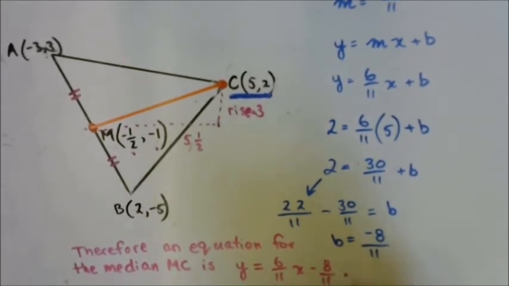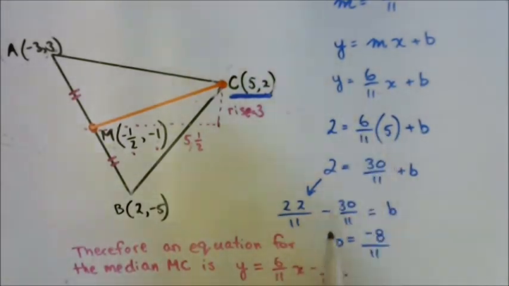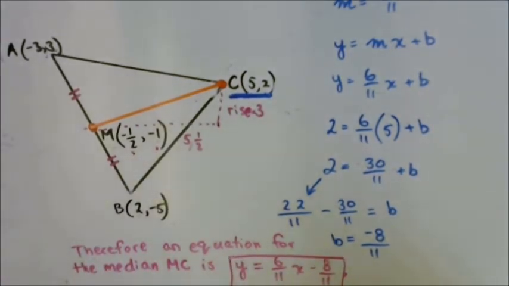And don't be thrown off by the fractions. Fractions are okay. Just a simple little multiplication here with the fraction and a bit of adding and subtracting with the fraction, and we come up with the formula, the equation of our line.